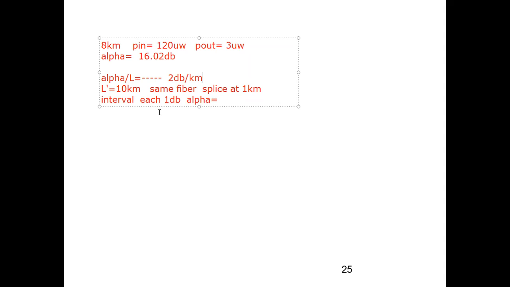And for the third one, what we are going to do is calculate alpha splice. So it is 10 kilometers, and there is a splice at every kilometer. So there are 9 splices. 9 into 1, that is 9 dB. So splicing loss is 9 dB.